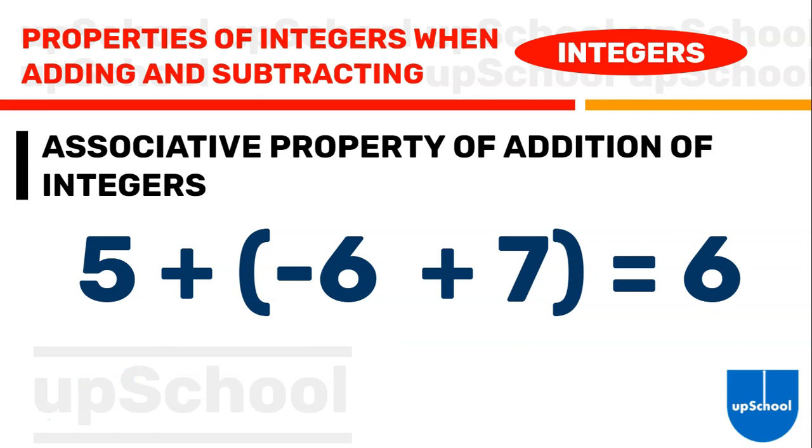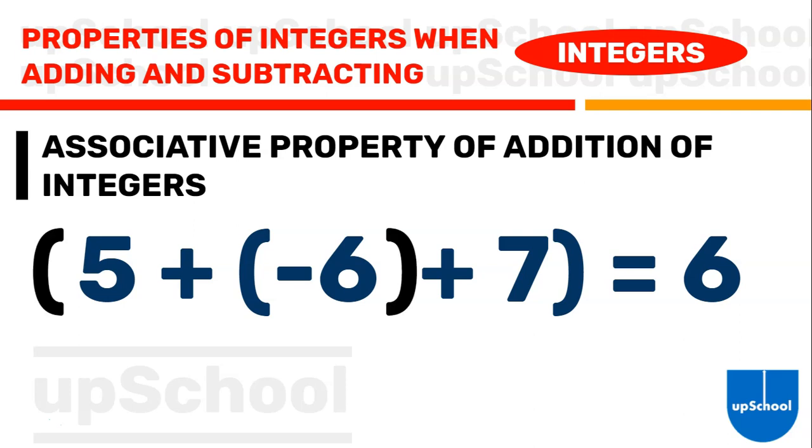So now let's change the grouping of the numbers. In this equation, we have 5 plus, in parentheses, negative 6 plus 7. Let's change the grouping, or in other words, change the position of the parentheses, which basically means the numbers inside the parentheses will change.